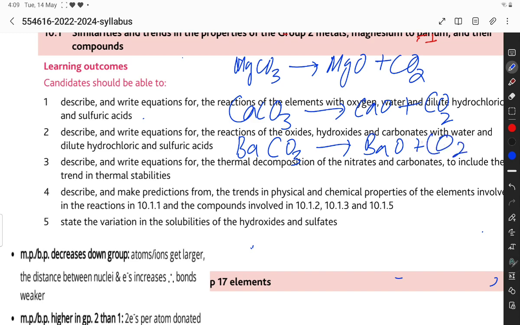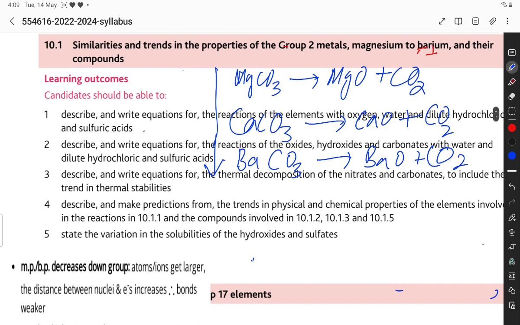Thermal stability increases down the group; it becomes more difficult to decompose a carbonate with increasing polarizing power. The reason is not required in AS, just the trend: the carbonates and other group 2 compounds are more stable down the group.